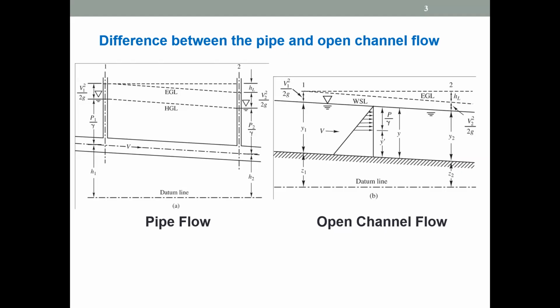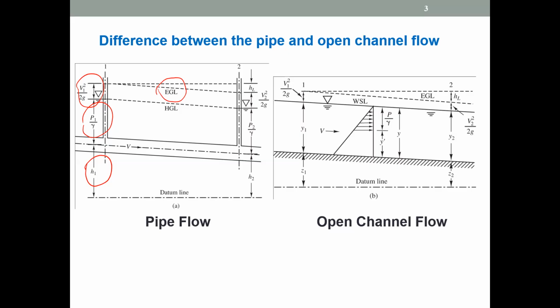In both open channel flow and pipe flow, we talk about 3 different head terms, right? So the elevation head, then the pressure head, and the velocity head, right? So these are the basic 3 head terms. So you probably remember discussing about the EGL. EGL means the accumulation of the elevation head, pressure head, and the velocity head.